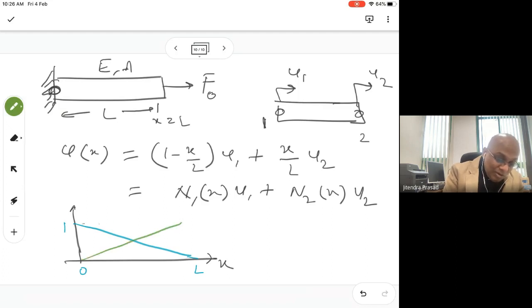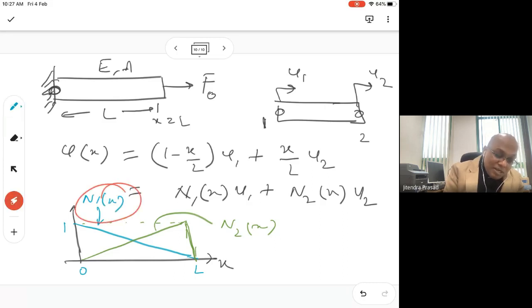So this one is N2(x), this one is N1(x). There are two polynomials, both linear, but N1 varies from 1 to 0, and N2 varies from 0 to 1. And then we write it like this.